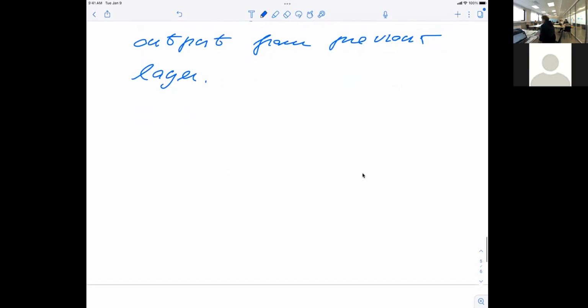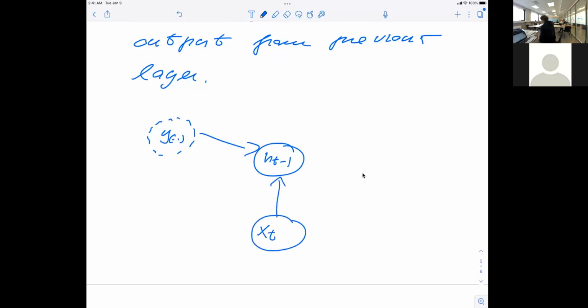So the typical way you would do that is, suppose now you have some previous output. So let's just write it like this with dots in here. And this feeds into this hidden layer, H t-1. This has the input from a kind of external engine or a specific input to the system.